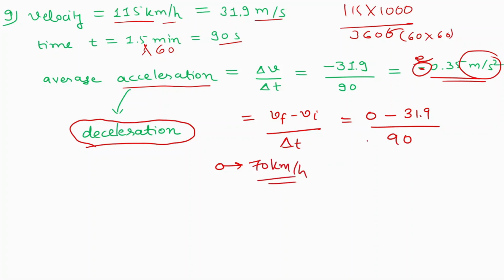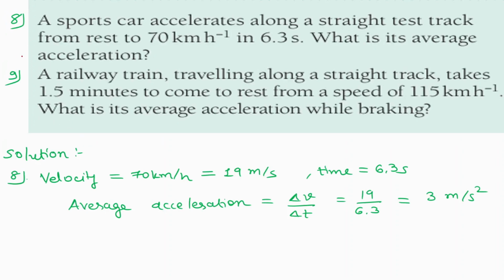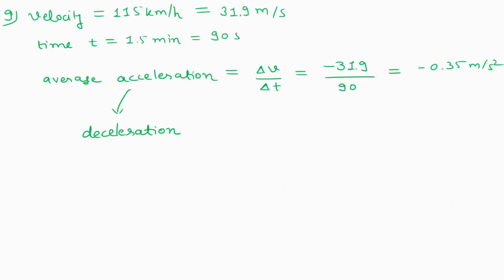But in the train case, the train is already moving, and we brake it, and after some time the train will stop. This is the difference between question number 8 and 9. I hope you understand question number 8 and question number 9 and the concept behind them.